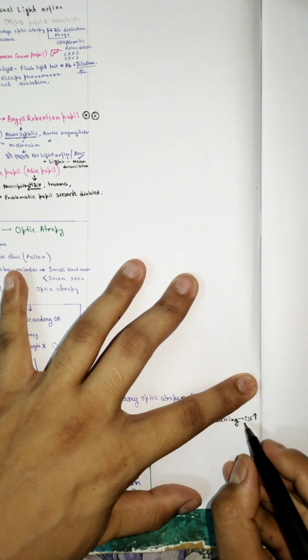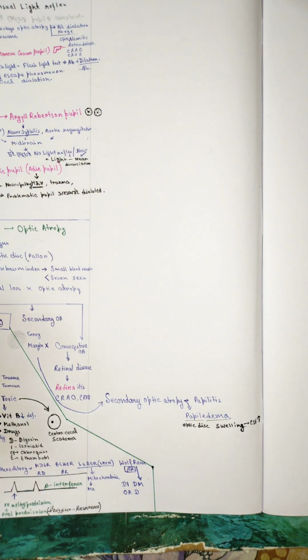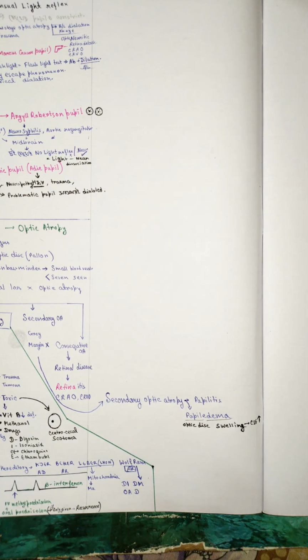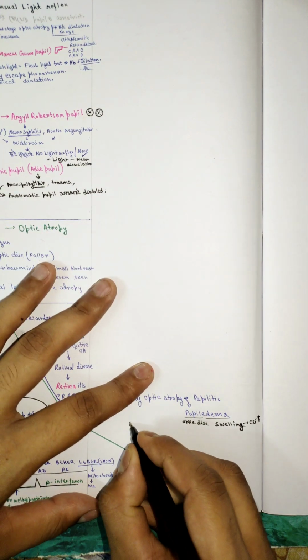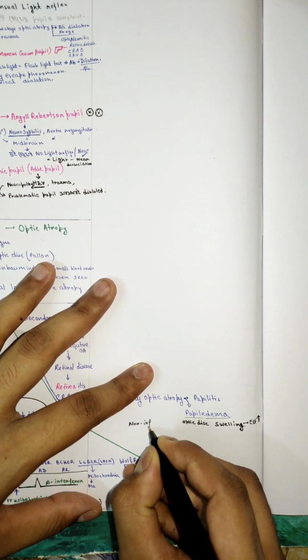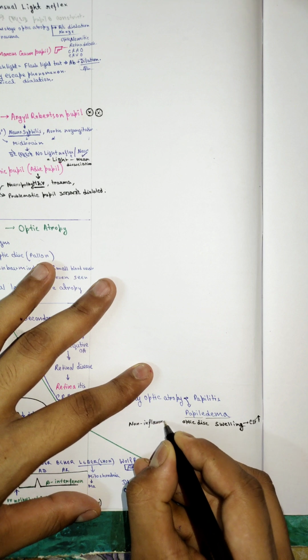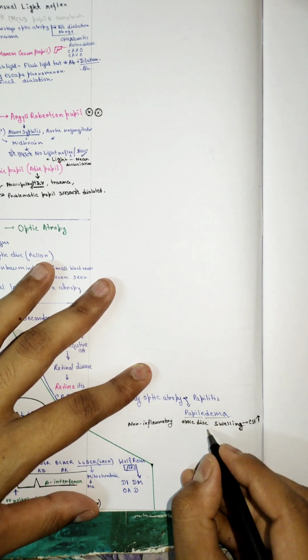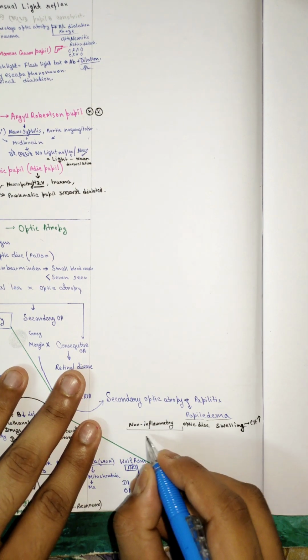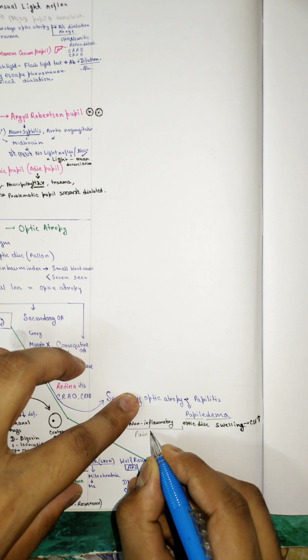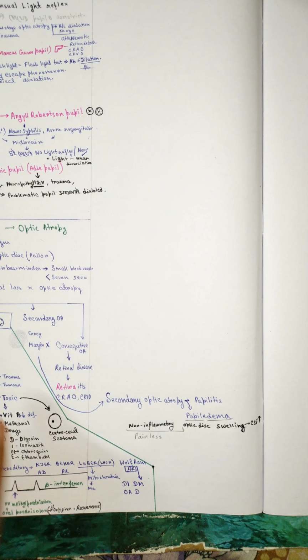That means ultimately increased intracranial pressure. So CSF increase means that it is non-inflammatory swelling. So we can write it, non-inflammatory optic disc swelling. And if it is non-inflammatory optic disc swelling, that means it will be painless. Obviously there is no inflammation there. If it were itis, that means inflammation happens, and there would be some kind of pain. So how does it happen? Why does it happen?